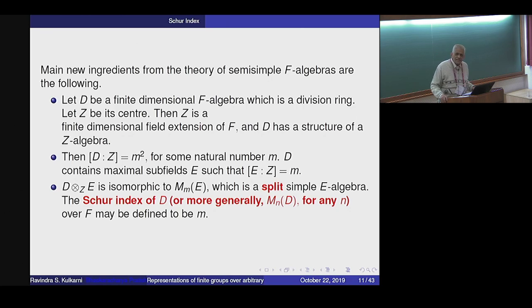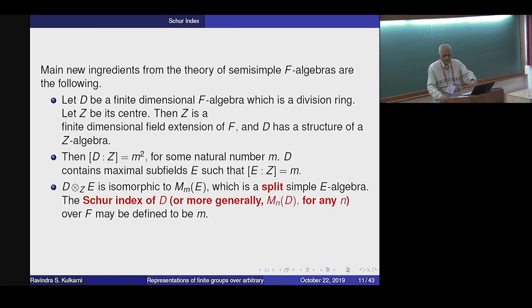Then the basic result is that the dimension of the division ring over its center is a square of a natural number. It contains maximal subfields E, which will naturally contain Z, and the maximal subfields have dimension m over Z. Then D tensored with E over Z is isomorphic to a standard matrix algebra over the field E, the split simple E algebra.